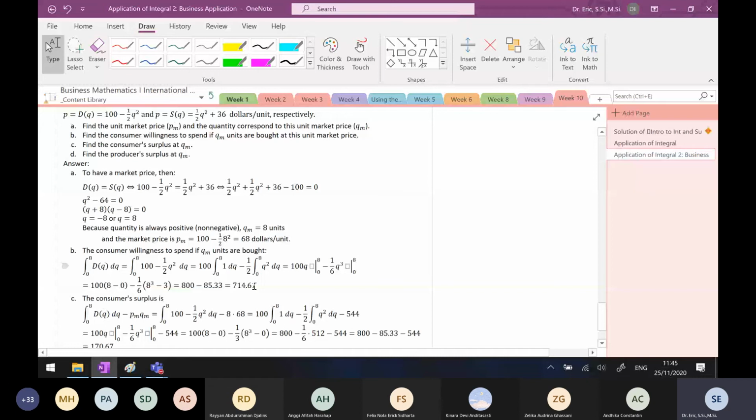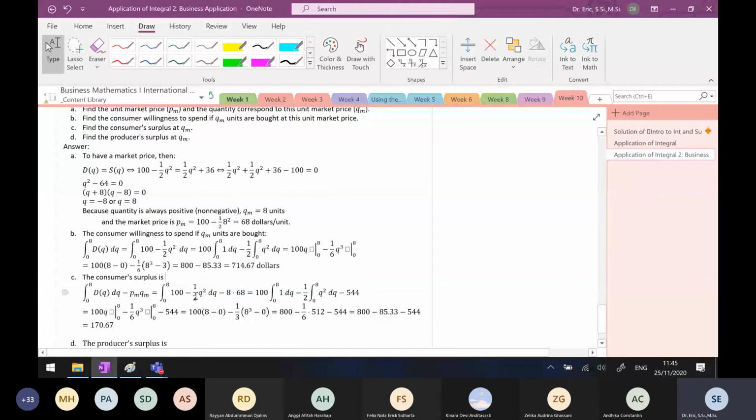And what is the consumer surplus? I use the formula, I can do it more quickly. Just this one minus P_M Q_M. This one is the integral from 0 to 8 of D(Q) dQ, which is 714 2/3, minus P_M times Q_M. P_M times Q_M is 8 times 68, so I don't have to redo my calculation above.